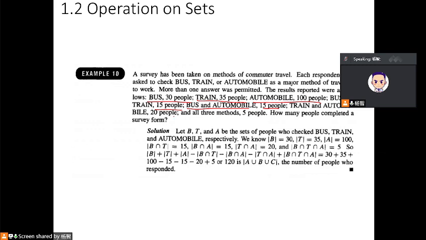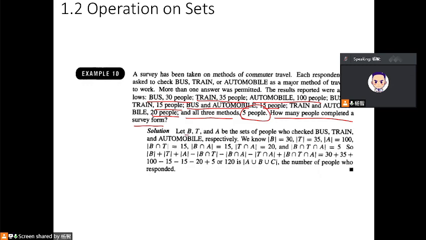And 20 people take train and drive a car. And 5 people take bus, train, and also drive a car. So how many people completed this survey form? We can also use the inclusion-exclusion property of sets.